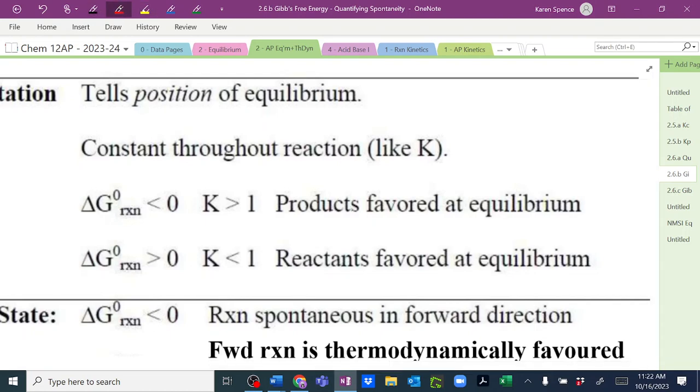If something is less than 0, it is negative. So if you have a negative delta G, then K is going to be greater than 1, which means you have more products than reactants.